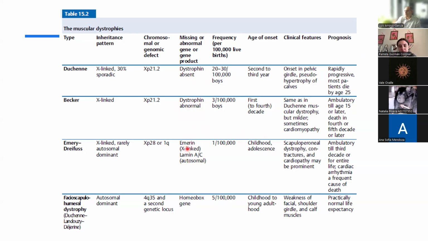In this case, the Emery, we didn't see it. Did we see it? No. And here, for example, it also affects the dystrophin. Rapidly progressive and die by age 25, 4th or 5th decade, and then normal life expectancy.